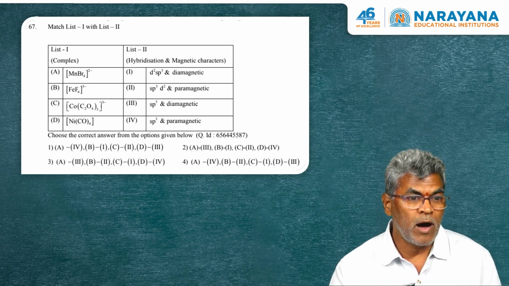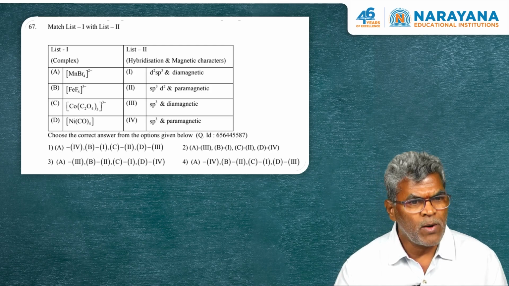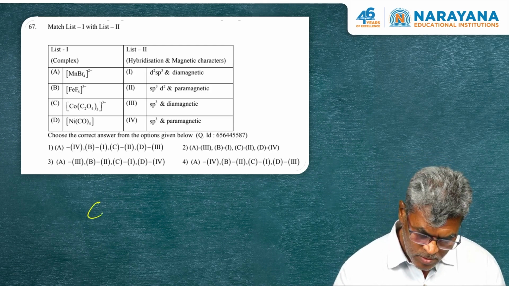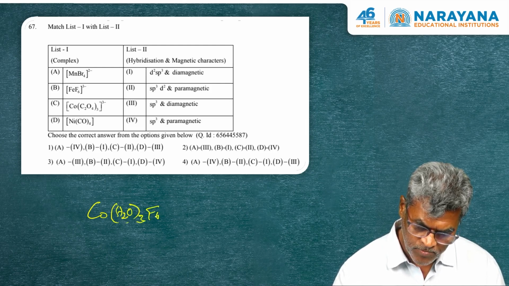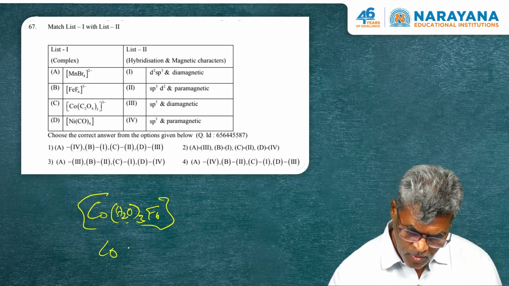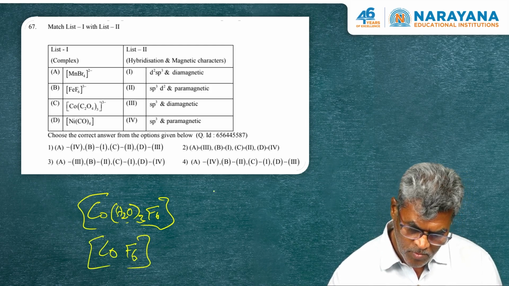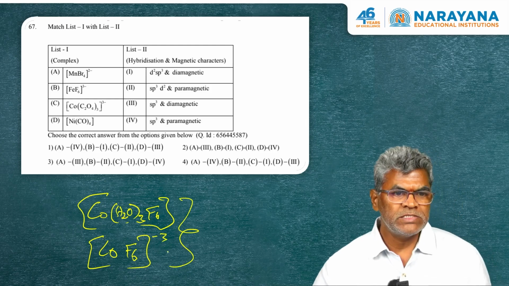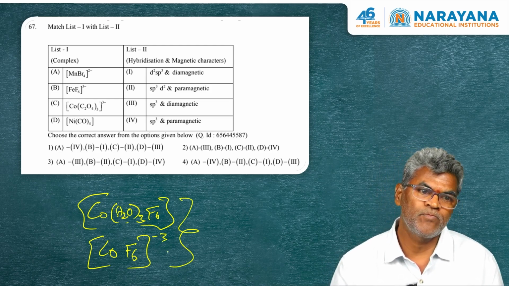And cobalt oxalate, cobalt plus 3, except in two complexes, that is CoF6 with minus 3 and Co(H2O)3F3. Except in these two complexes, generally all cobalt plus 3 complexes are inner shell complexes.